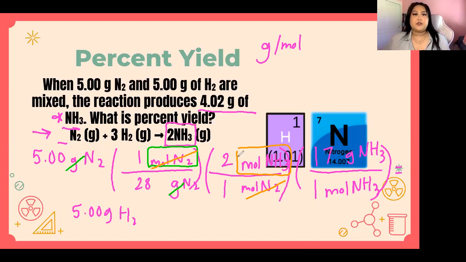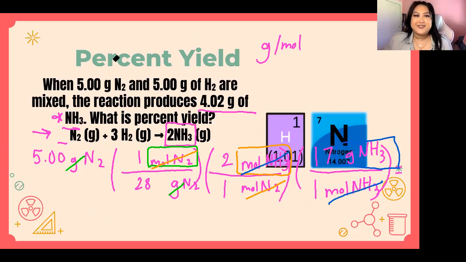Okay, cool. So going through everything, let's cross this out. Going through everything, we finally end up with grams of NH3. I don't think we'll have space for that.